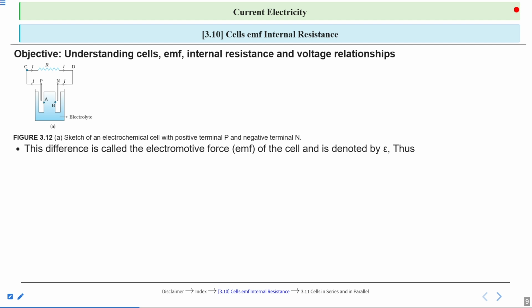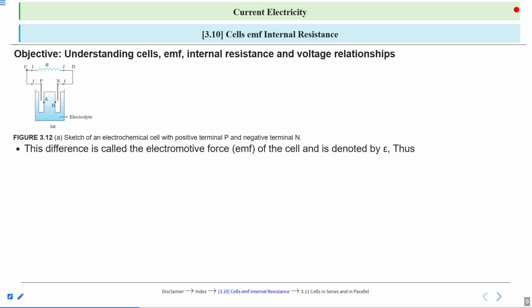And what is this electromotive force? The potential difference between the electrodes of the cell when the cell is not being used, when no current is being drawn from the cell, is known as electromotive force. At what condition? That the cell is not being used.